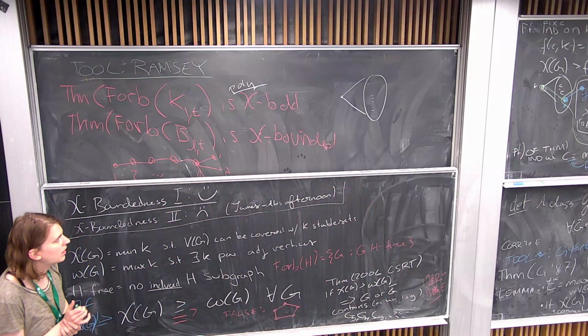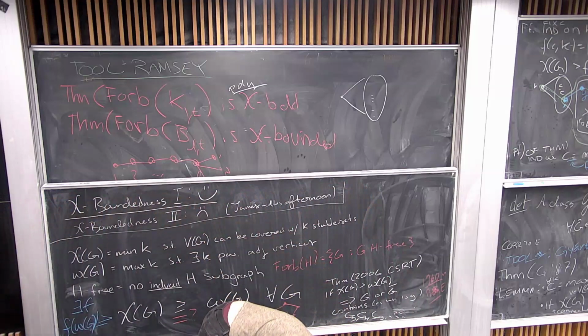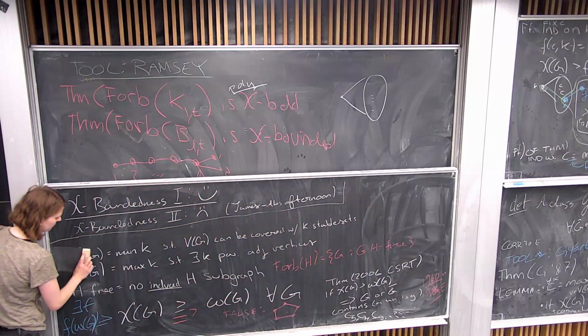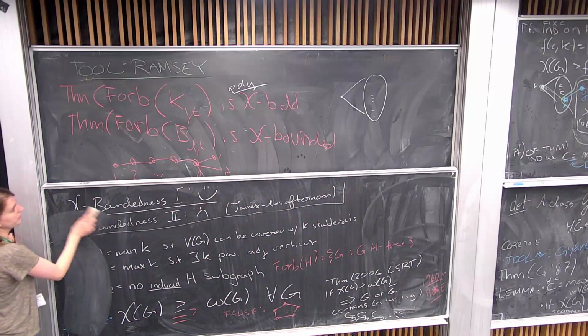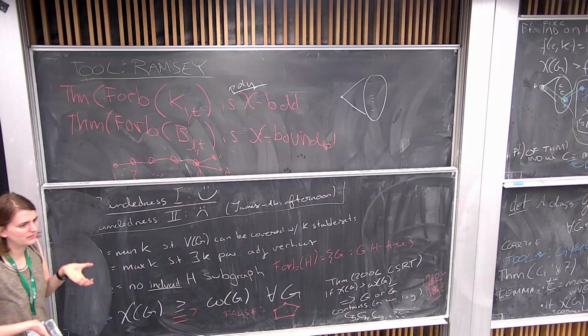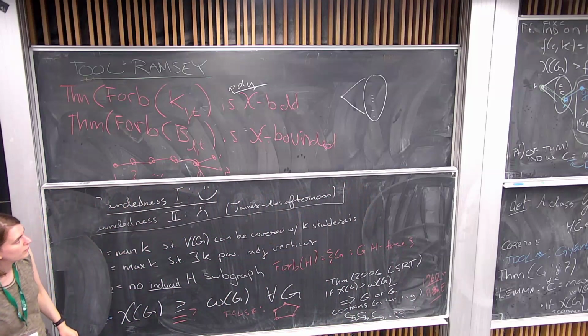In fact, I should get an eraser so I can write things as I say them. Gyárfás, in the paper where he proved it for paths, gave a lower bound for the growth of the function, something polynomial with a decently high degree depending on the number of vertices, but not anything crazy.